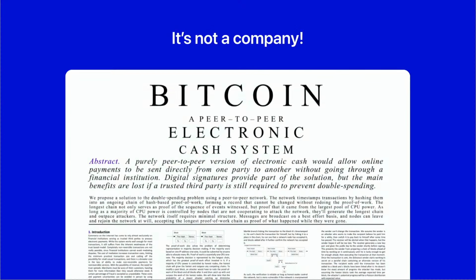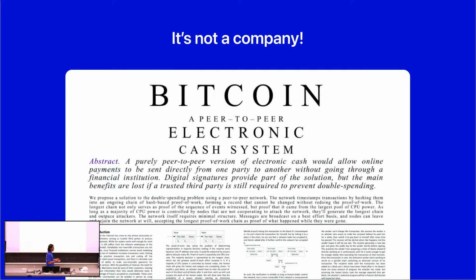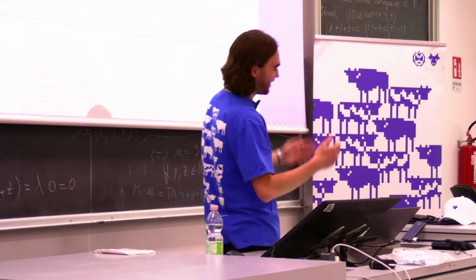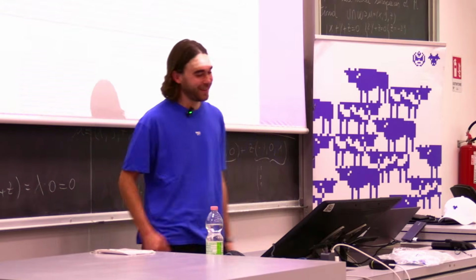Again, it's not a company. Bitcoin is just a protocol. It's an open source protocol, just like TCP/IP or HTTPS that you see when you write a URL. So it's there. It's free. Everyone can go there, take it, copy it, create a new Bitpolito coin if you want. But then you will see that probably no one is going to buy it.